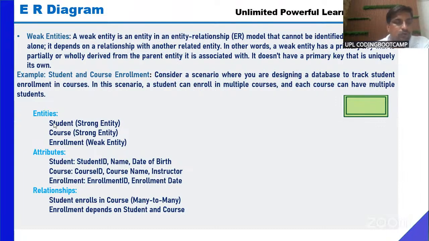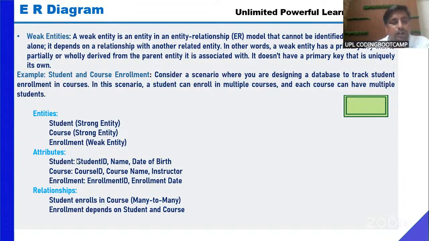Now, if you look at the student as an entity, you have student ID, name, date of birth. So all three pieces of information we can visualize. And when you talk about the course, course ID, course name, instructor name or faculty name, you can do that. When you combine this, enrollment ID.